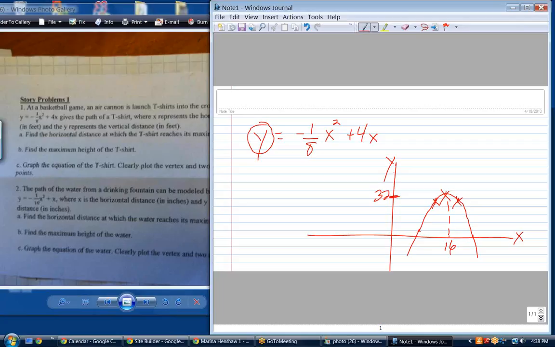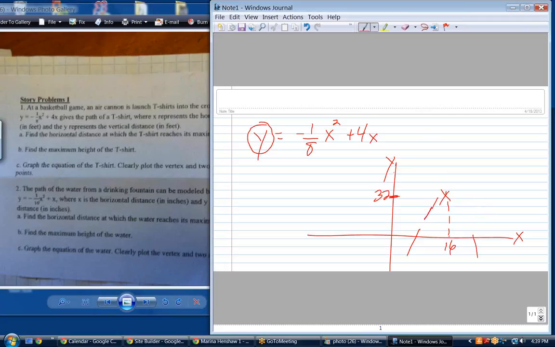And that's all she's asked you to do. However, typically in these kind of problems, they do want you to find the x-intercepts. If she were to spell it out, she would have said plot the vertex and plot the x-intercepts. I'm guessing.